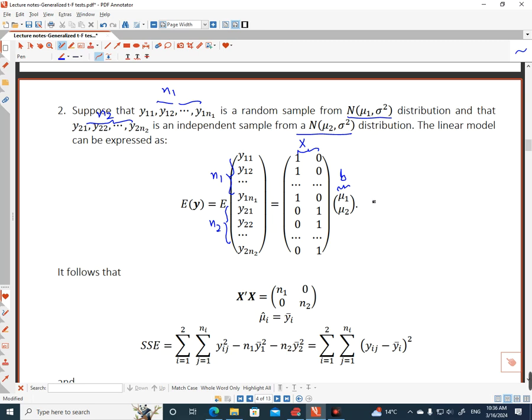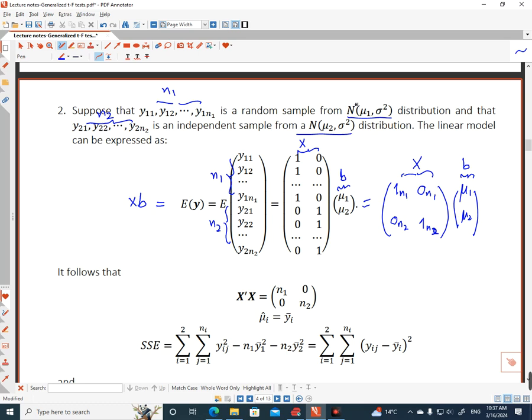In this case I can write it as a column vector of ones of dimension n1, and then the zero vector of dimension n1, again a zero vector of dimension n2, and a column vector of ones of dimension n2. So this is the design matrix. This is your x, and then you have mu1, mu2, and so this is the b. So the expected value is actually xb.